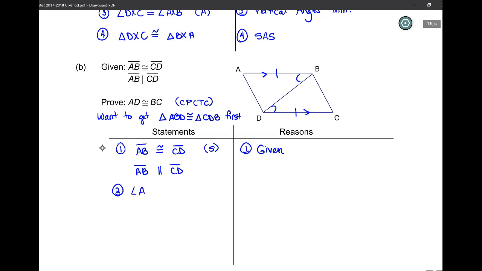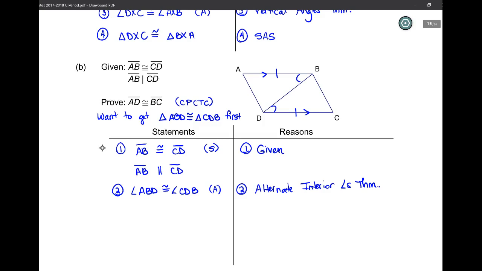So we're going to write angle ABD congruent to angle CDB, and our reason is alternate interior angles theorem. That gives us a pair of angles.